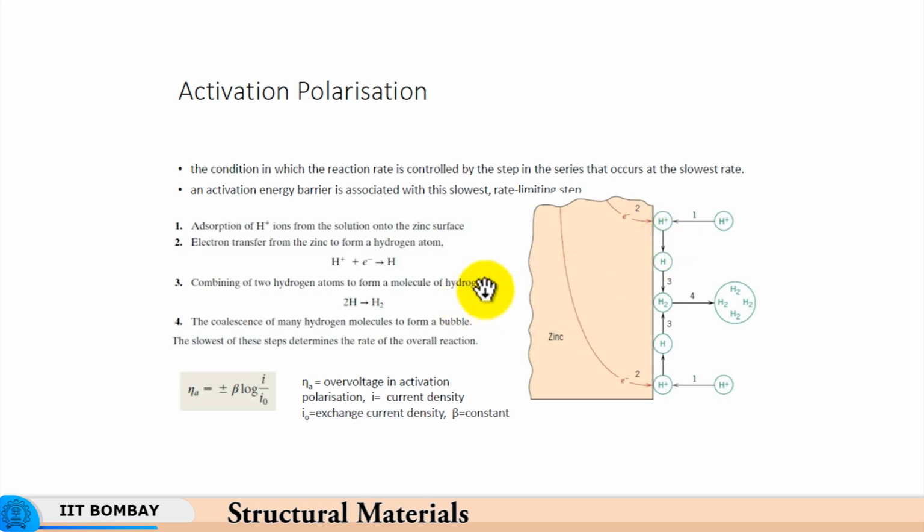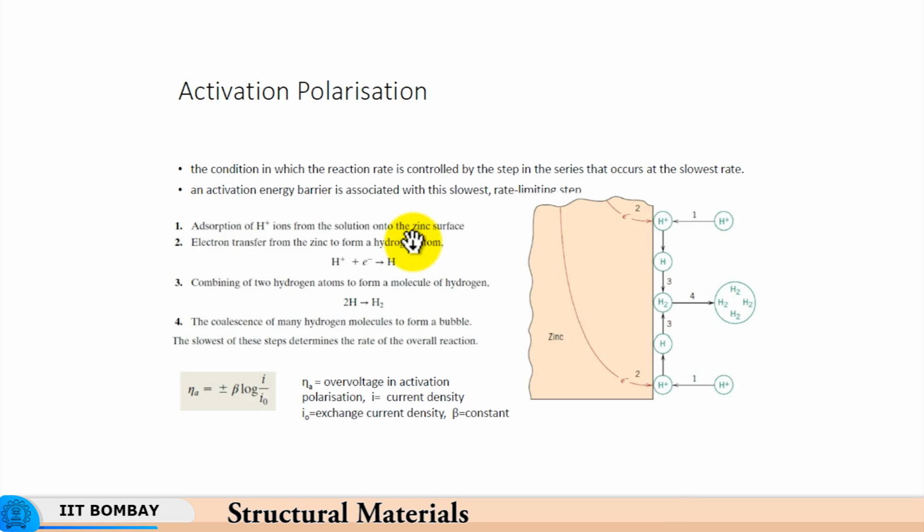Now, this reaction and the other reaction, both reactions have to be balanced, because the rate at which one is moving will generate electrons at that particular rate, and they have to be consumed here by hydrogen ions at the same rate, so that everything remains in equilibrium.